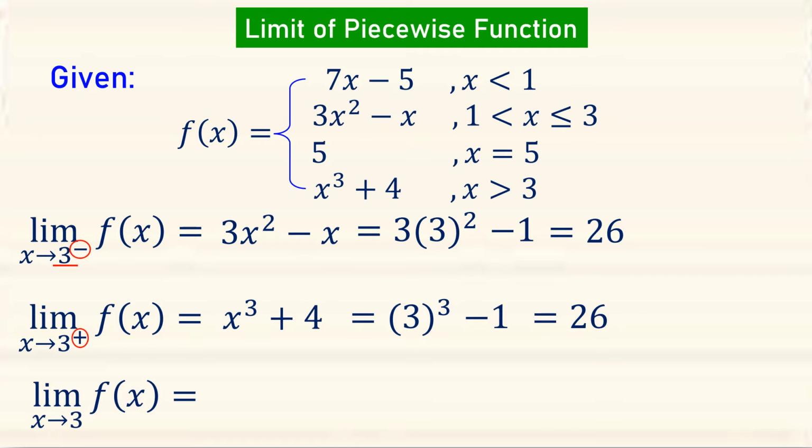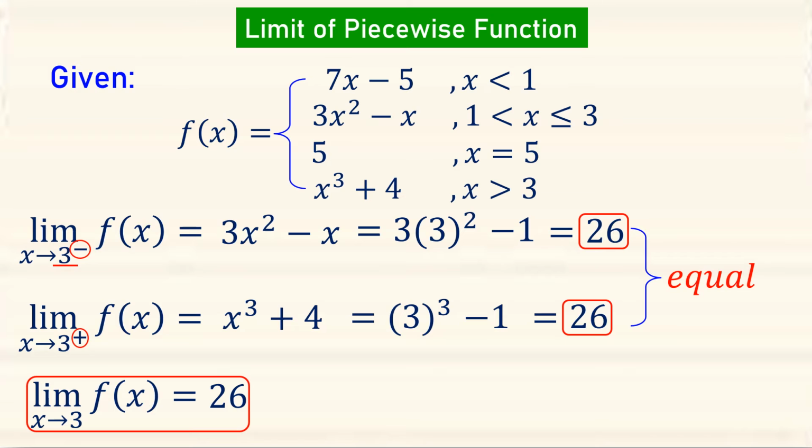Since they are both equal, the limit of f of x as x approaches 3 is equal to 26. Because the limits from the left and from the right are equal, the limit of f of x as x approaches 3 is equal to 26. If they are not equal, then you write DNE, okay? Okay, now let us move on to the next.